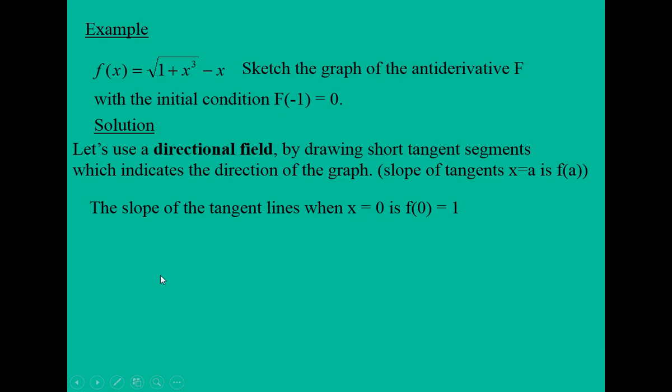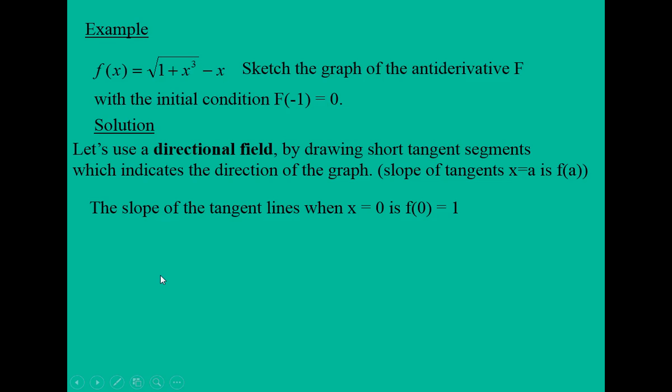Let's look at when x is 0. If we plugged 0 into our function, which is representing the derivative of some function, we would get the square root of 1 plus 0 minus 0. So when x equals 0, the slope of the tangent line would be 1.